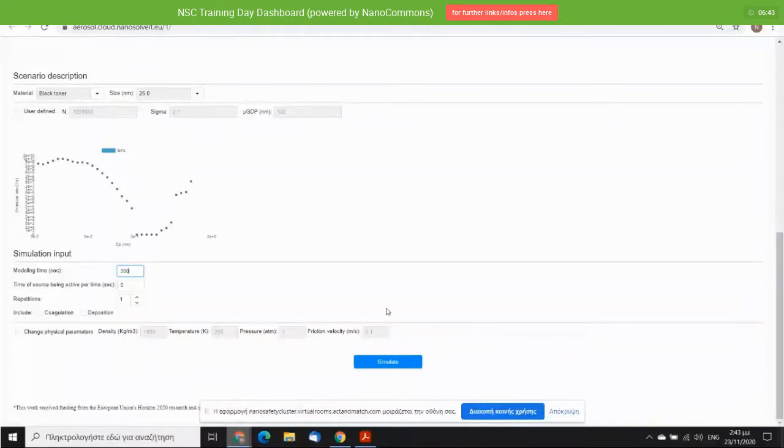This is our modeling time, over which we integrate the equations. For the time of the source being active, I will put 50, which means that for the first 50 seconds of the modeling time, the source will be active. For the repetitions, I will put 1. I will include coagulation and deposition in our computations, and I will not change the physical parameters. And I will press simulate.